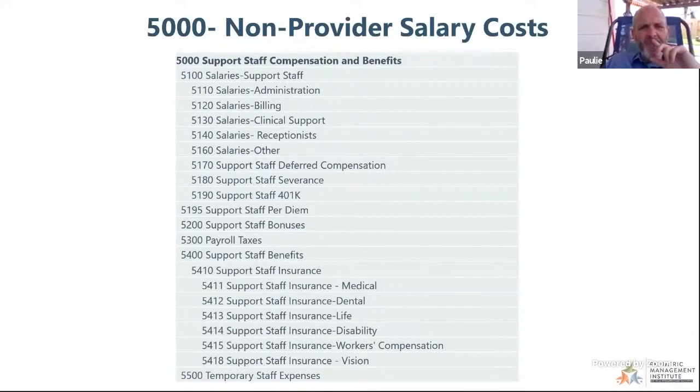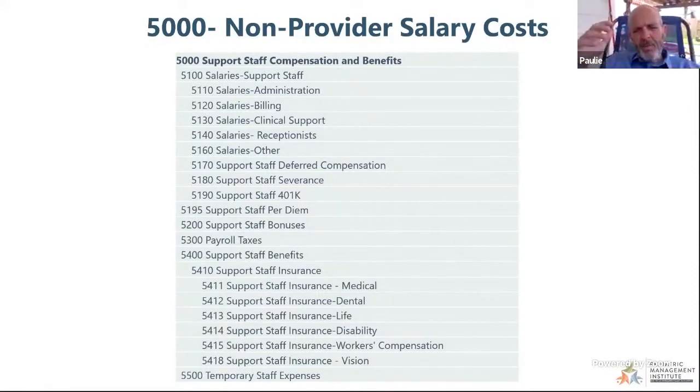In terms of expenses and those general ledger numbers, I generally put all the physicians and nurse practitioners and providers, I treat them separately, and these are going to be all non-provider salary costs. I'm going to group together in a 5,000 series of numbers. And here we have the office manager, your billing people, your nurses and MAs, I may group together, your receptionists. I'm going to have those categories so that I can look over time how much I'm spending in those different functional areas.